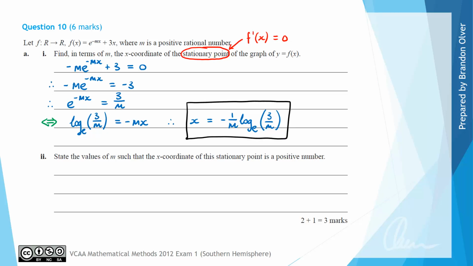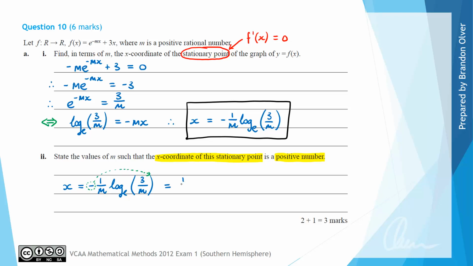For part 2, we want to state the values of m such that the x-coordinate of this stationary point is a positive number. We know the x value of the stationary point was found before to be negative 1 on m log e of 3 divided by m. Now it's more useful to use a log law that says if we have a number out the front, we can bring it up as a power of the argument.